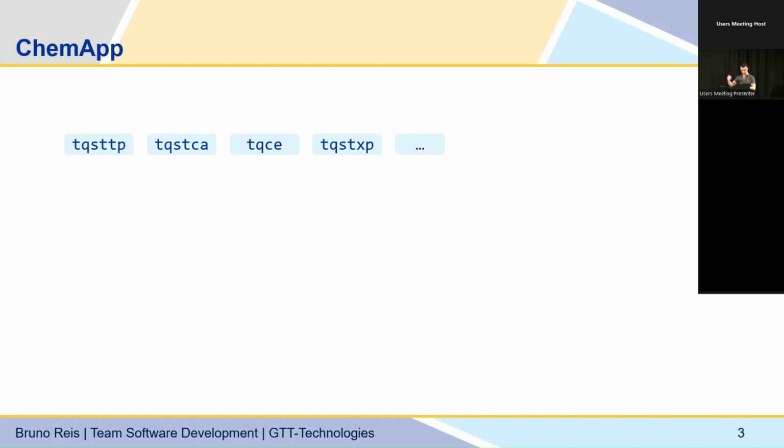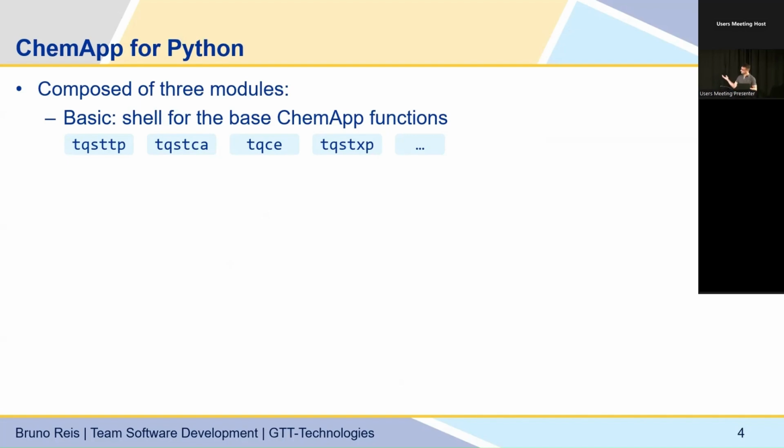So you would need to constantly be looking at the manual, and most of the motivation to develop ChemApp for Python came from trying to make this more accessible to new users. In ChemApp for Python, those functions are still there. You can also make use of them exactly as they are for the other interfaces. But this is not the highlight of the Python version.